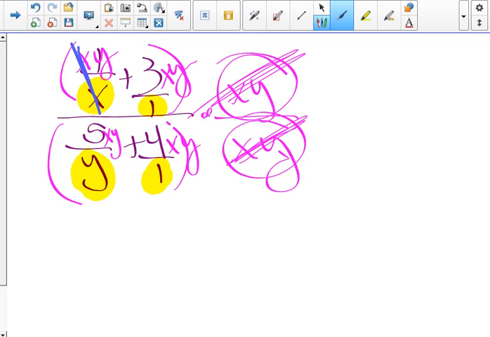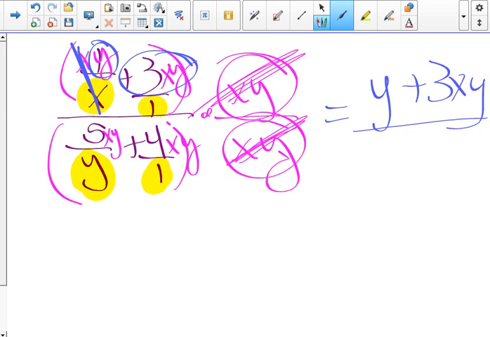Nothing cancels out on the second term, so we're left with y plus 3xy on top. All over, and the y's cancel out here, and we're left with 5x plus, and then 4xy.